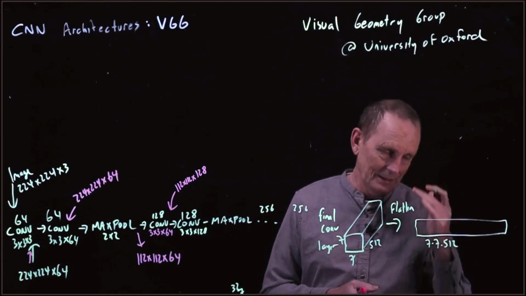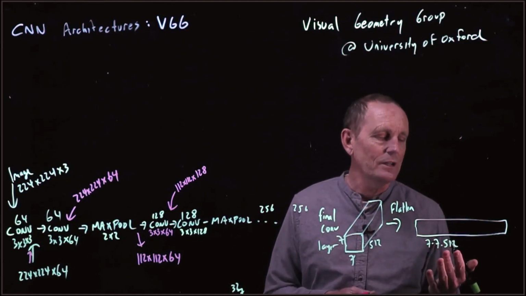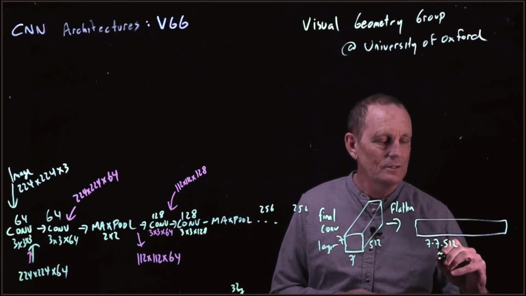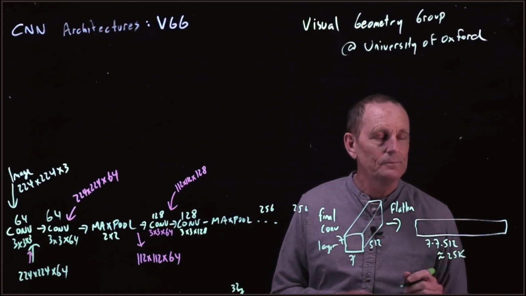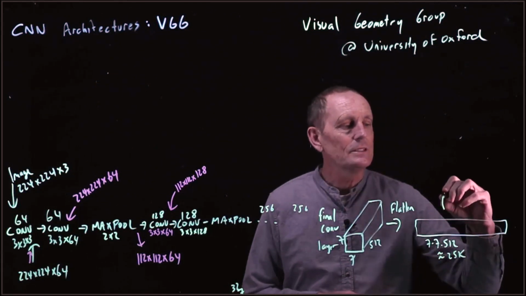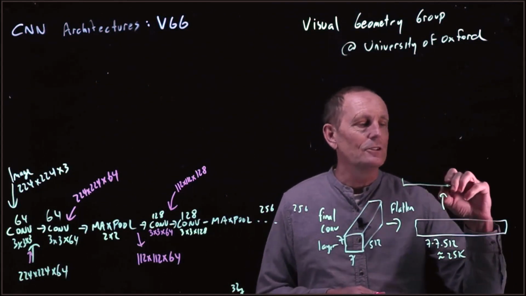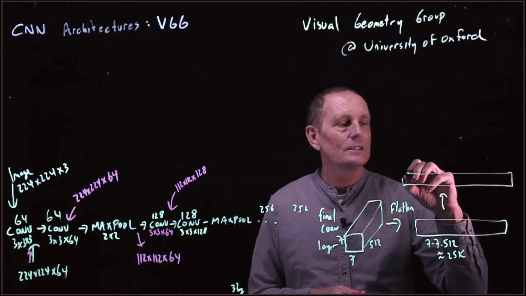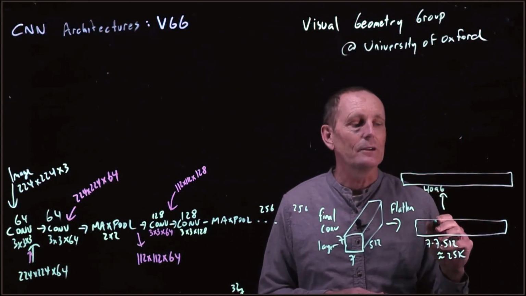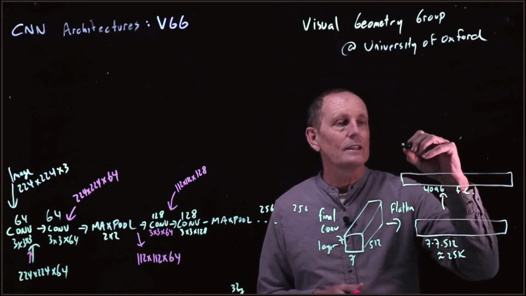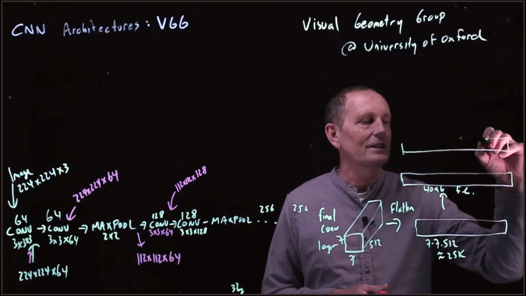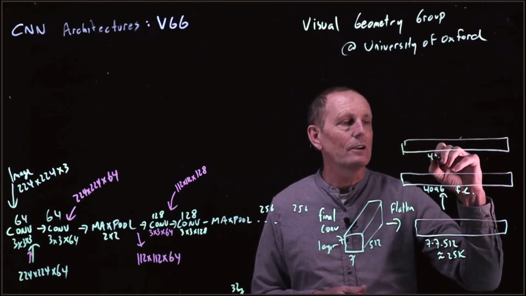So that looks like it's around 50 times 512, so that's around 25,000. This gets fed into a 4096 fully connected layer. That gets fed into another 4096 fully connected layer.